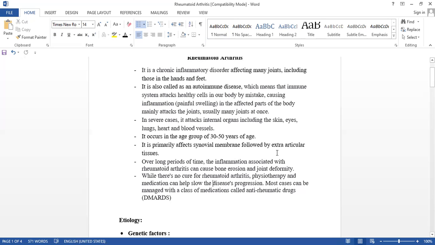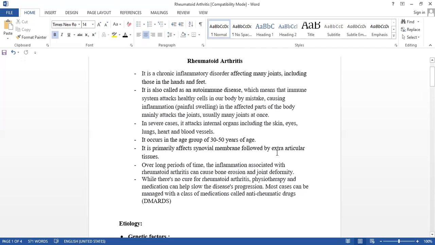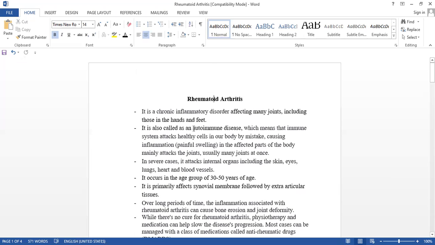Okay, so it is a chronic inflammatory disorder. It is a chronic rheumatoid arthritis. You can also call it an autoimmune disease because our own system attacks the healthy cells and that causes the inflammation. It occurs mainly at the age of 30 to 50 years. In severe cases, it attacks the internal organs also, that is eyes, lungs, heart, blood vessels.